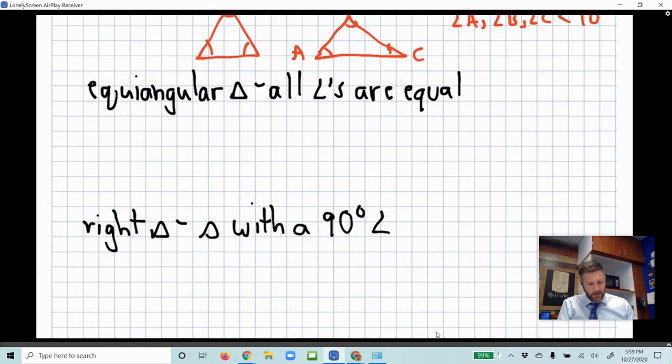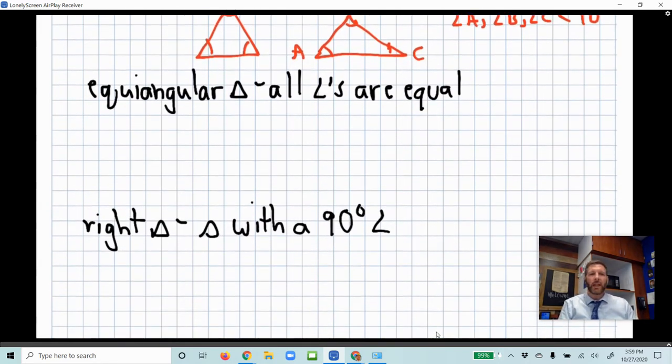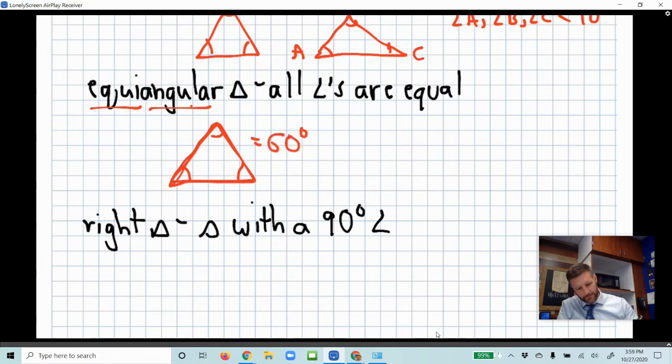Then we have a type of triangle that's equiangular. And that's where all the angles are equal, because you can see that's equal angles. So pretty simple. That would look like this, kind of like the one I just drew above. And because all the angles within any triangle in existence add up to 180, there's only one specific type of equiangular triangle, and that is where every single angle is equal to itself and equal to 60 degrees.